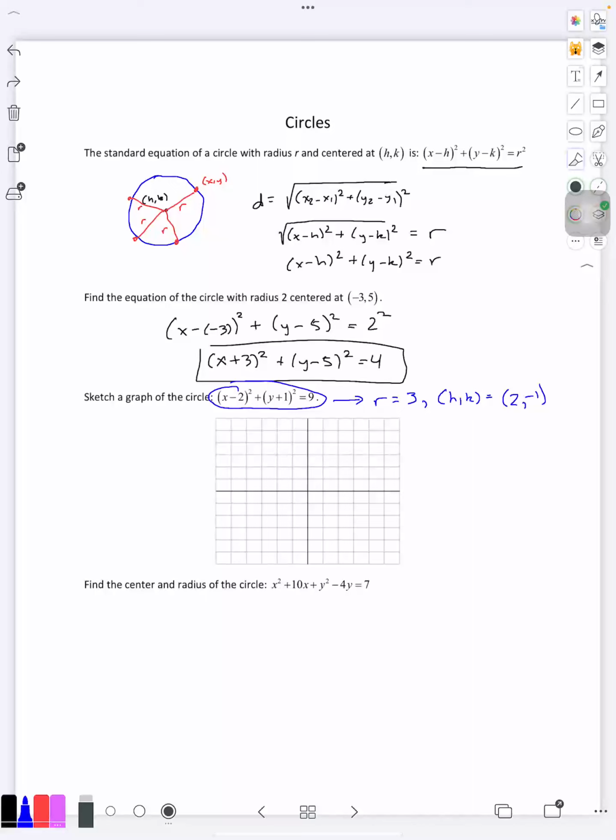So I go down over here and I look for x is 2 and y is -1. It's this point right here. Now that point is technically not part of the circle. The circle is going to be the points that are 3 units away from it. So if I go 3 units to the right, 1, 2, 3, 3 units up, 3 units left, and 3 units down, and then combine these together.